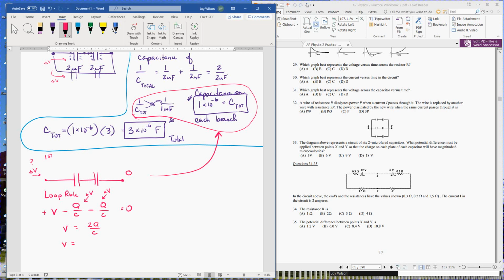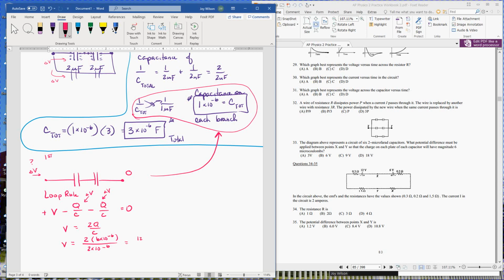We now know that the charge, we want the charge to be, what did they say? 6 microcoulombs. 6 times 10 to the negative third. And we know the capacitance on each. The capacitance on each is going to be, on that branch, 1 times 10 to the negative 6th. But each capacitor individually is 2 times 10 to the negative 6th. Whoops. I said negative 6th, then I wrote negative third.